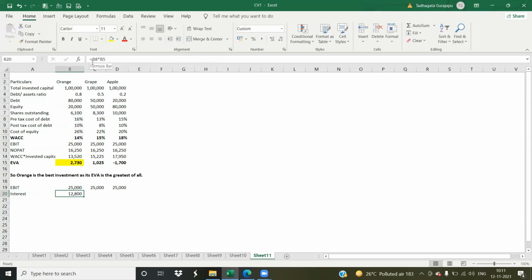I'll just put minus because it's an expense. So you get EBT, which is the sum of these two. So EAT is nothing but EBT into 1 minus tax rate, right?